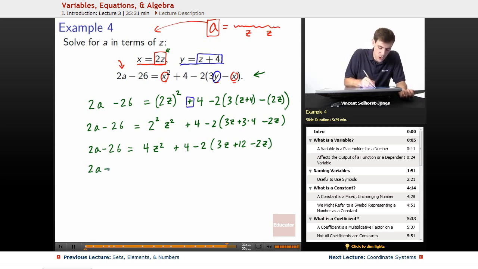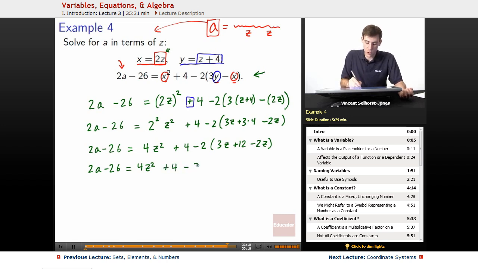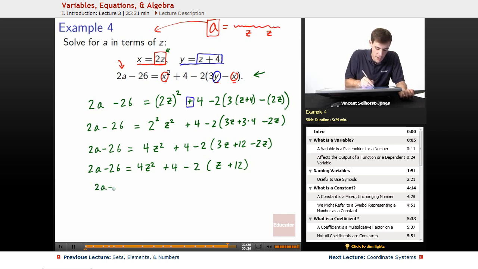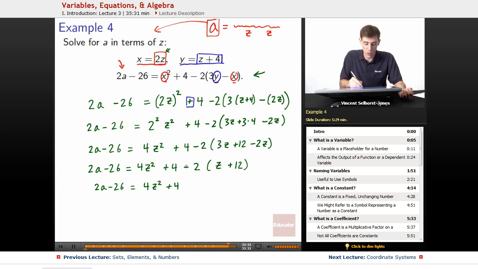Keep simplifying. 2a minus 26 equals 4z squared plus 4 minus 2 times 3z minus 2z becomes just 1z plus 12. We can now distribute this minus 2. 2a minus 26 equals 4z squared plus 4. We distribute the minus 2, so remember it's plus a negative 2. So we get plus negative 2z plus negative 24.